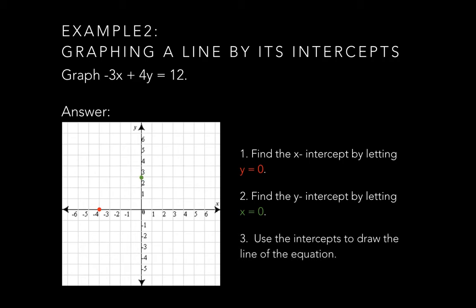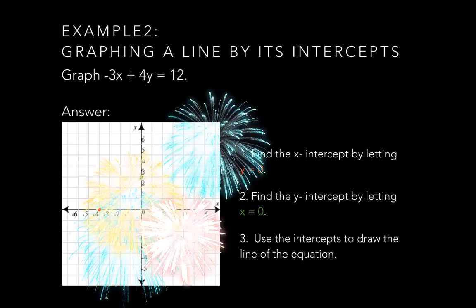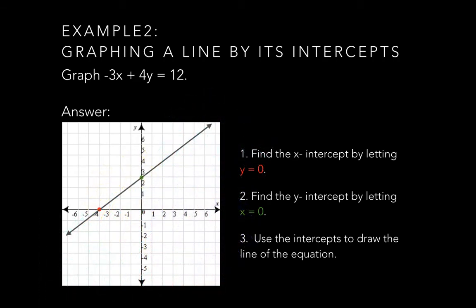And then we'll draw the line through those points, and we have graphed a line by its intercepts. So that's a really good approach to take when you are graphing from standard form. It's very fast, so speed and accuracy are important.